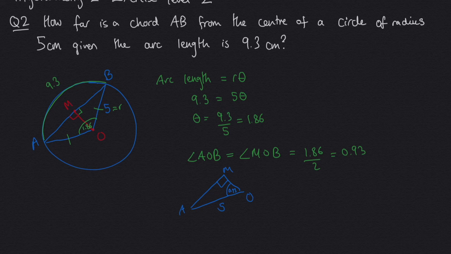We know that the cosine of 0.93 is equal to the length of MO over 5. So the length of MO is 5 lots of cosine 0.93, which is approximately equal to 2.989 centimetres to 3 decimal places.